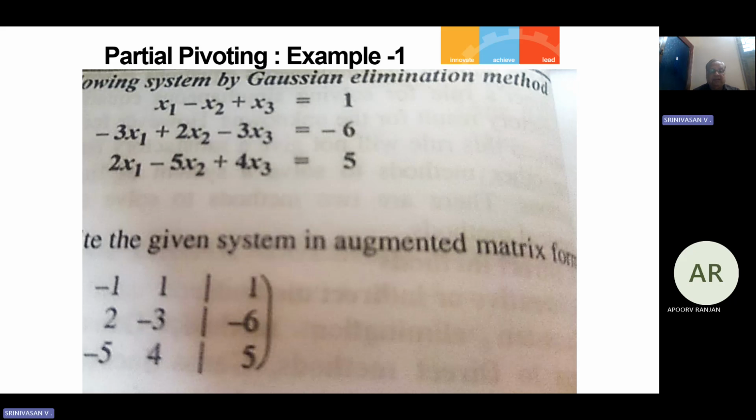Yeah, I will write separately. 1, -1, 1, -3, 2, -3, 2, -5, 4.